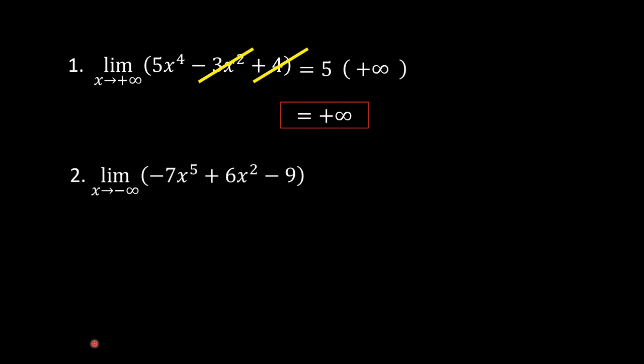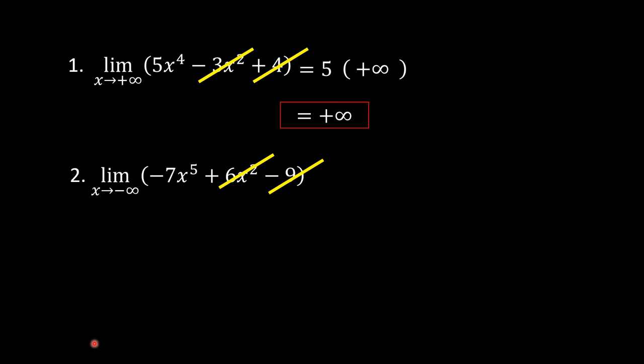The second one, the limit of negative 7x raised to the exponent of 5 plus 6x squared minus 9 as x approaches negative infinity. Cancel positive 6x squared, cancel negative 9. What remains is only negative 7x raised to the exponent of 5 as x approaches negative infinity.